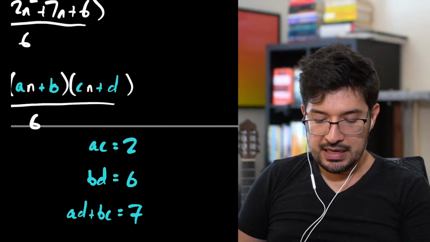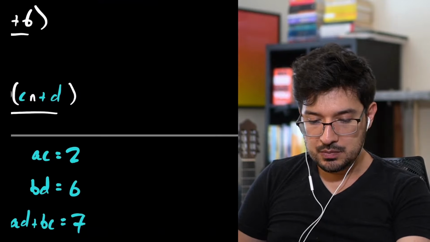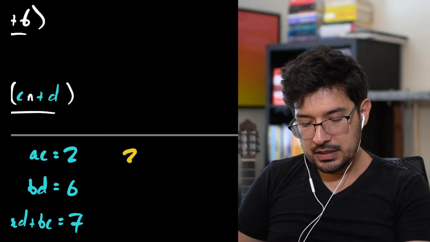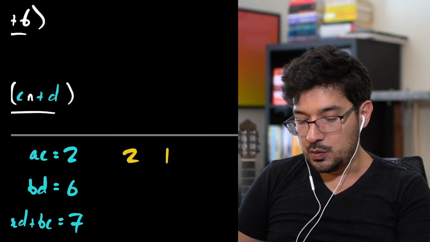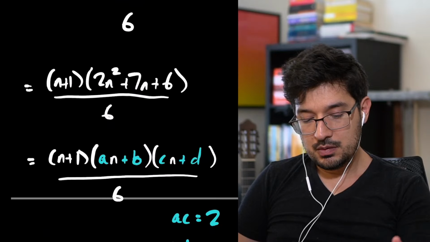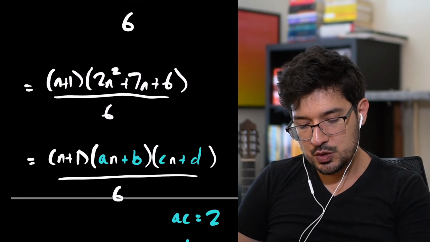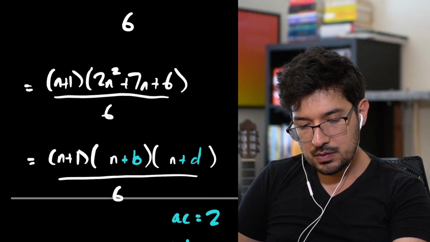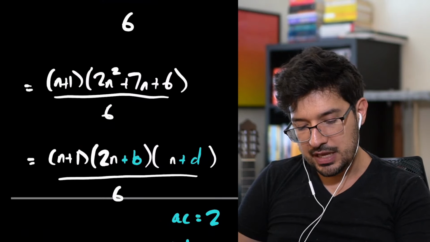Okay, so AC equals 2. What are the factors of 2? Really, 2 is prime, so our only options are 2 and 1. So I could just assume that A is 2 and C is 1. I think that's a pretty reasonable guess.